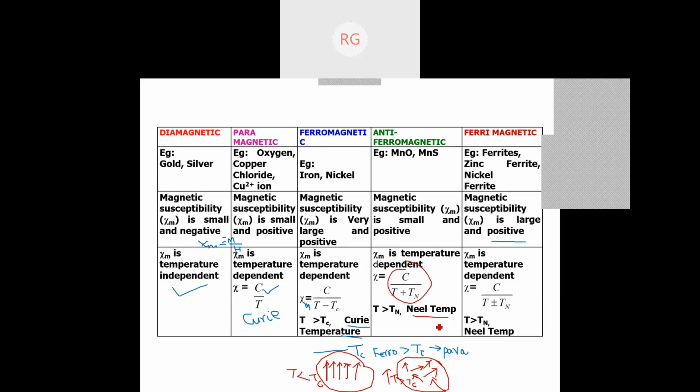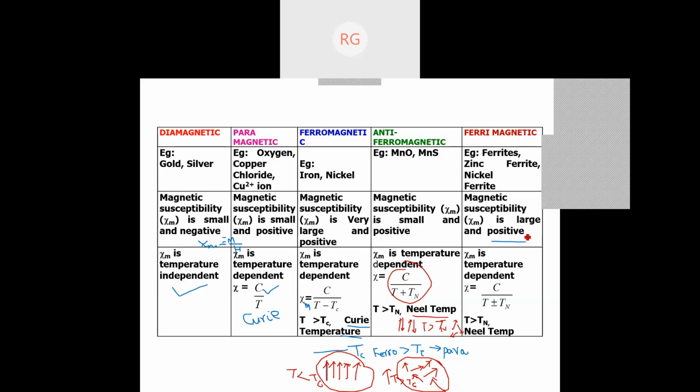Below the Néel temperature, it shows antiferromagnetism, and above Tn, it becomes a paramagnetic material, since the oppositely arranged spins at a temperature greater than Tn get randomized. So one will go like this, the other will go like this, randomized. Because of randomization, they lose their antiferromagnetism and become paramagnetic.